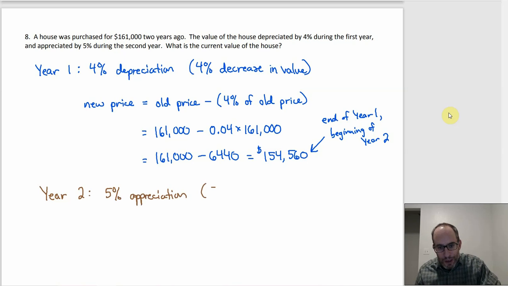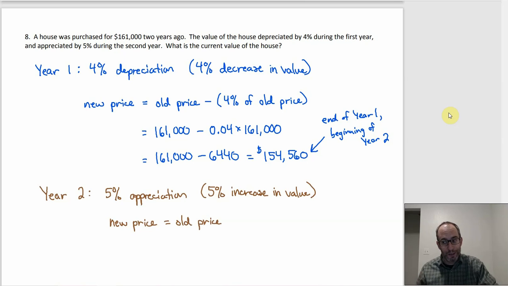So that's going to be a 5% increase in value. So here, the new price is going to be the old price plus 5% of the old price, right? It's an increase, so it's going to be a plus.